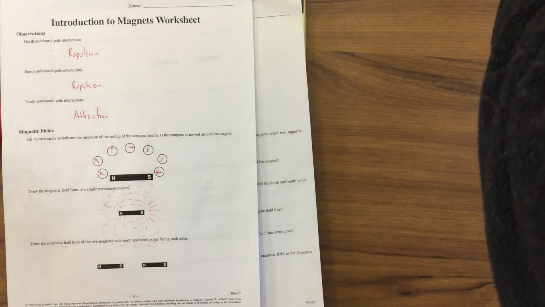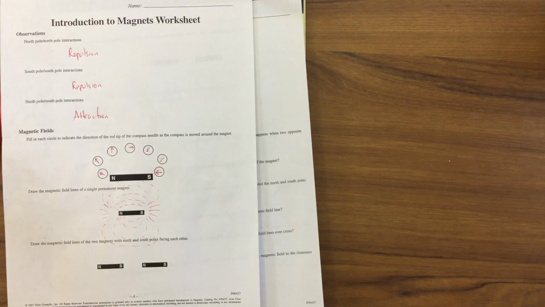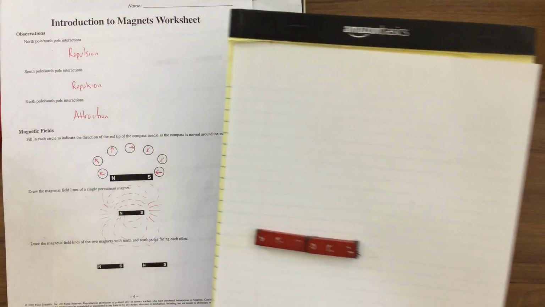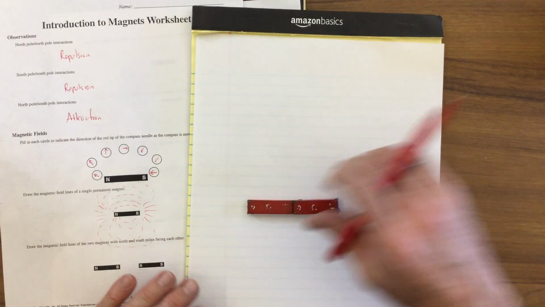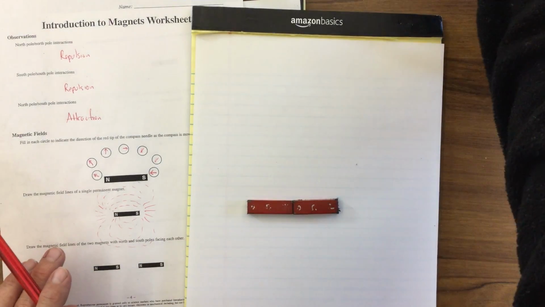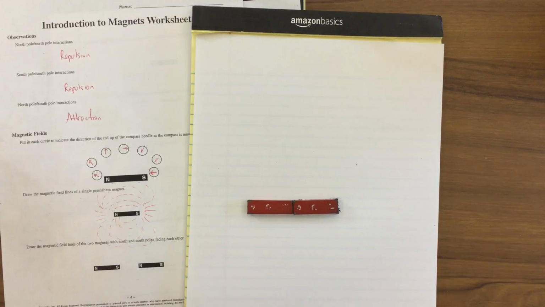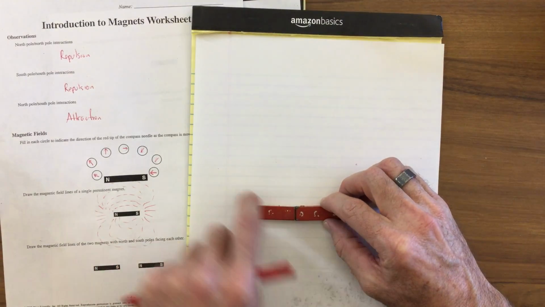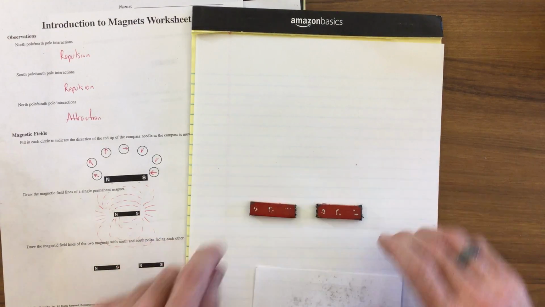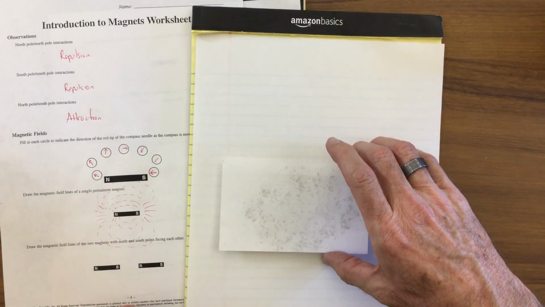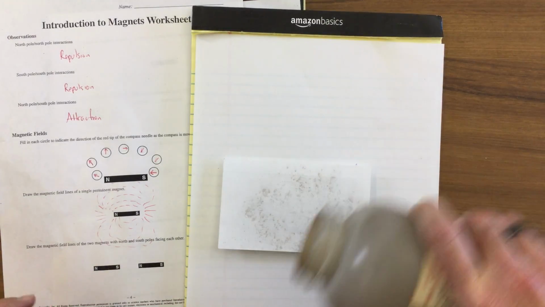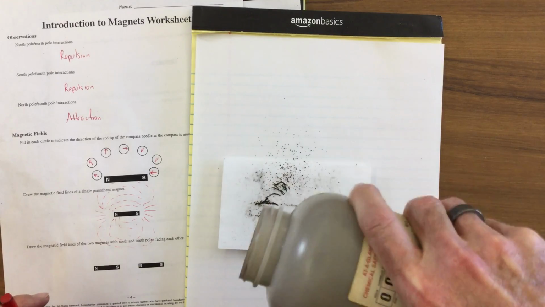So what happens when I bring in a north-south, north-south? I'm going to do the same scenario. I'm going to separate them with a little bit of space. We're going to see what this magnetic field looks like.